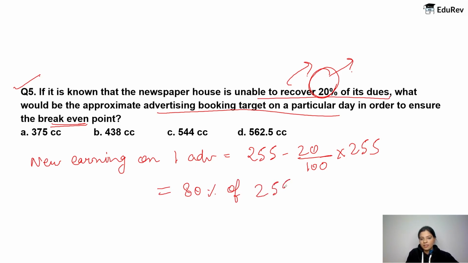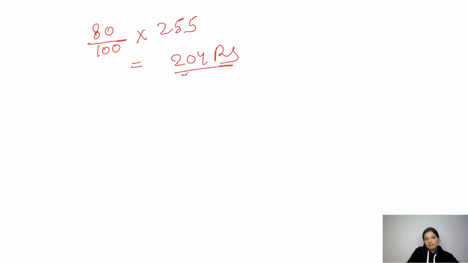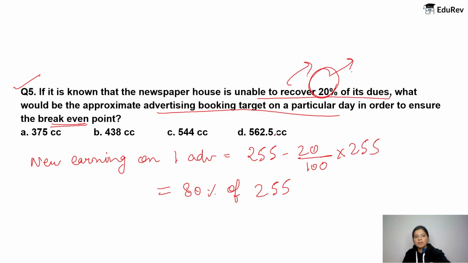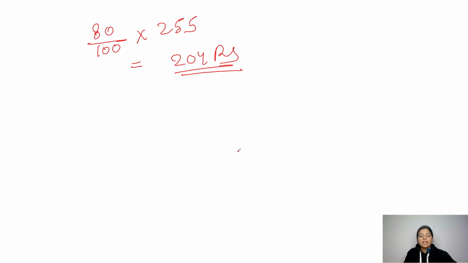So to calculate the new earnings, you can directly calculate 80% of 255. When you solve this, it comes out to be 204 rupees. So in the previous part, the newspaper house was earning 255 rupees on one advertisement, but now it is only able to earn 80% of 255. That is only 204 rupees.